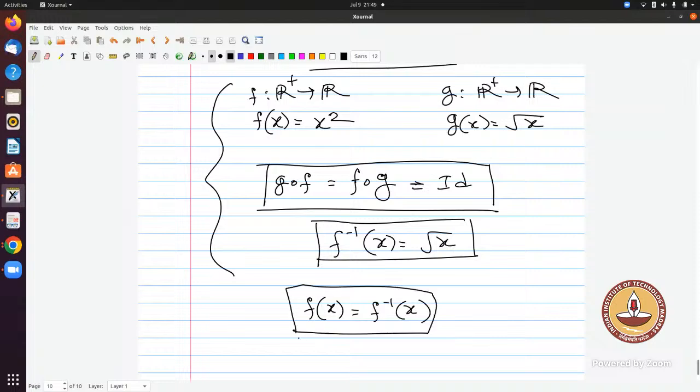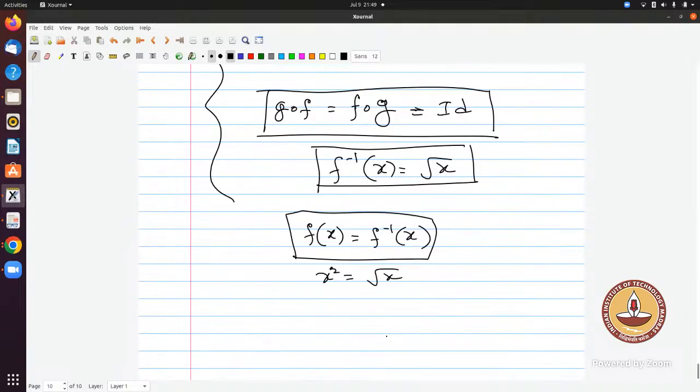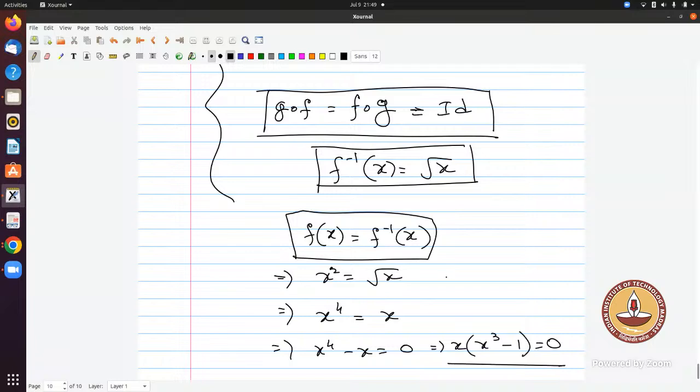So what were those points? x square should be root x. That is the equation I am getting. So x power 4 is x. If I take both on one side, this is the equation, and which is giving us this. Correct?